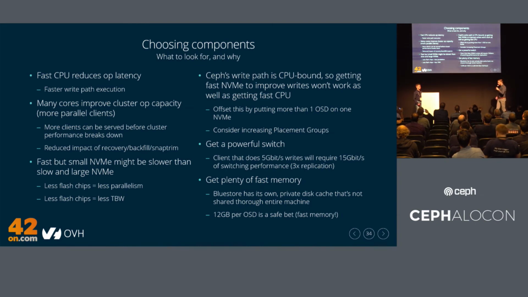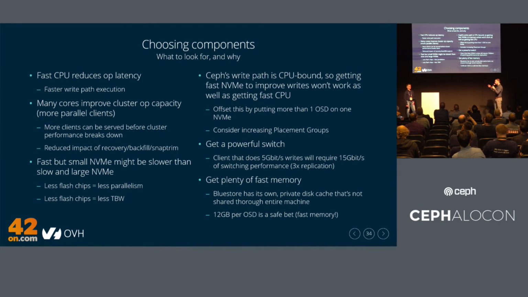A few things you could look into, one of which is not very well known, is increasing placement groups. I'm not going to go into it. You could Google for PG contention, and I think Nick Fisk has a good talk about this. You might want to scale out the number of PGs so that you get more threads inside the OSDs, and that way you are able to fully utilize your NVMe, but still you will be CPU bound.